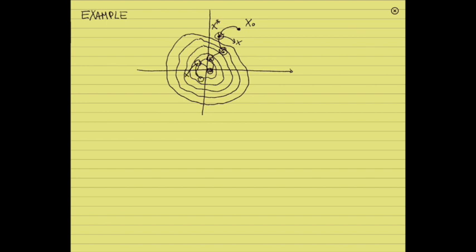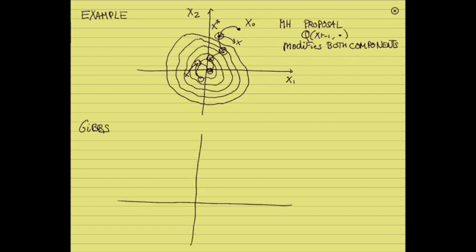You can see that the proposal can be modified from the current x by modifying both components, the x and the y component, or the x1 and the x2 components. So for example, the chain that is drawn here could correspond to Q being a normal distribution centered at the current state, with some certain covariance matrix. So that would be a Metropolis Hastings with a joint proposal distribution on the entire component.